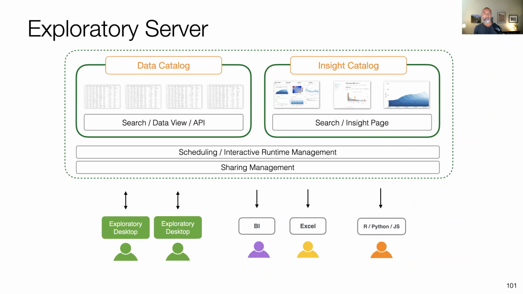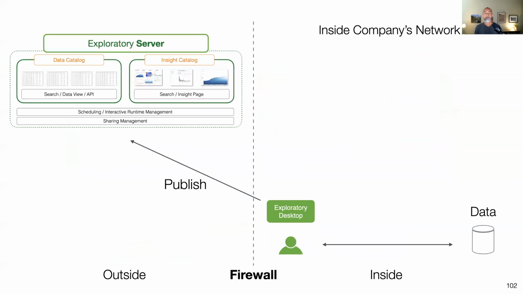Exploratory Server is basically where all types of people can work together around the data and the insights, right? What happens is if you're working for a company, typically the company has this thing called a firewall, right? That controls or restricts what you can access and what you cannot.